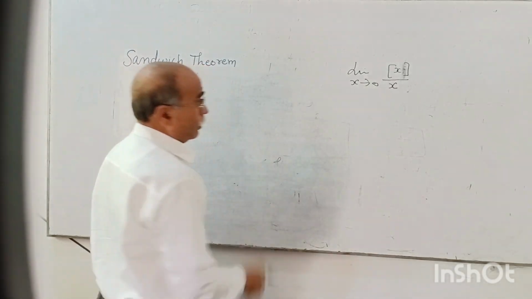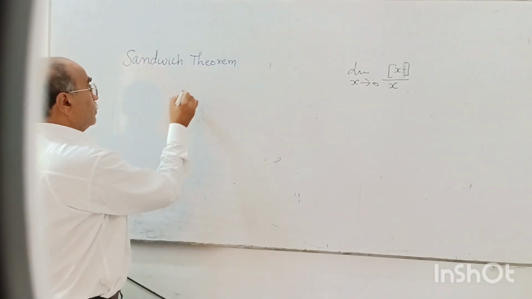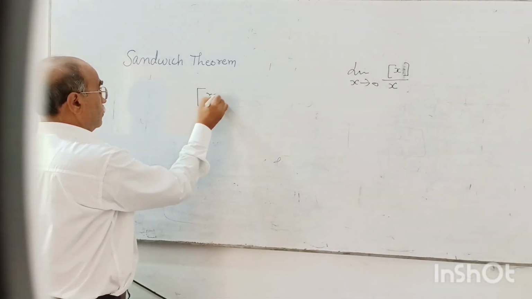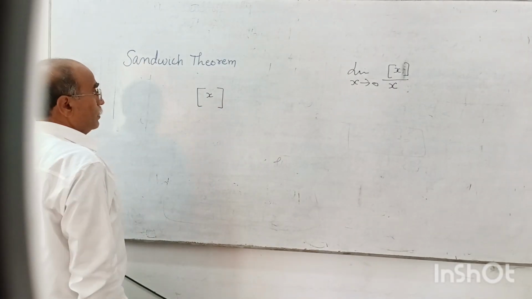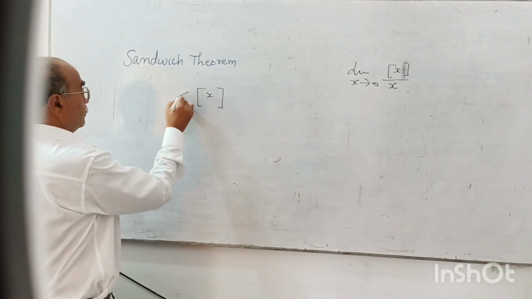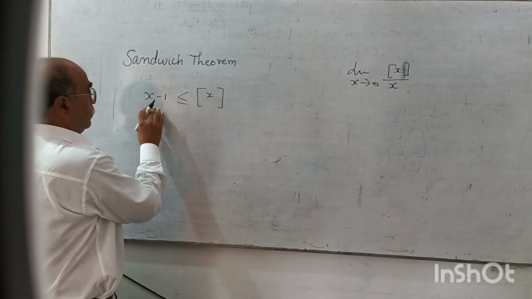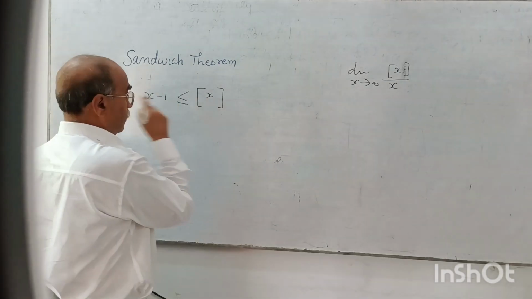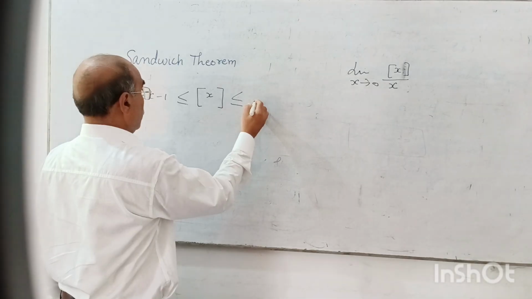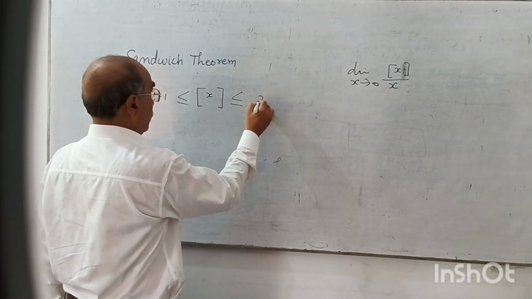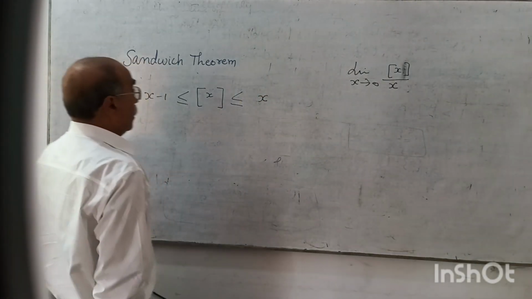According to this, we know the greatest integer value of x is always less than or equal to x, and greater than x minus 1. This is x minus 1, always less than or equal to the greatest integer value, and this is less than or equal to x.